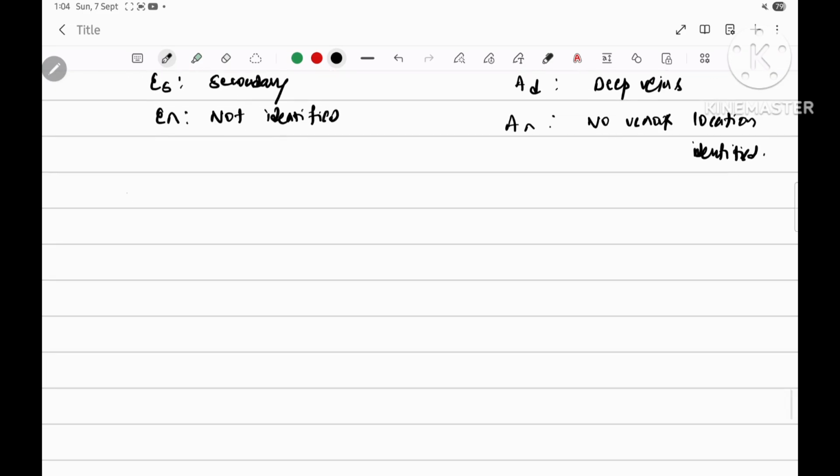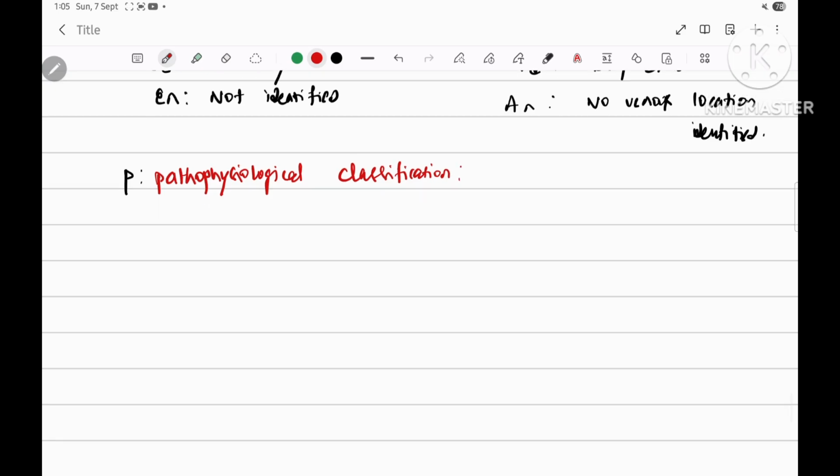Now the last one is P. The P means the pathophysiological classification. In pathophysiological classification, it can be due to reflux or due to obstruction.